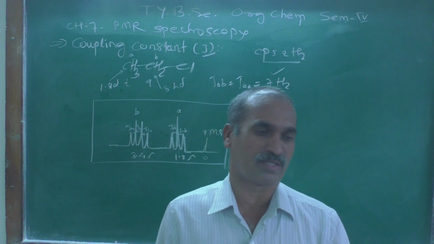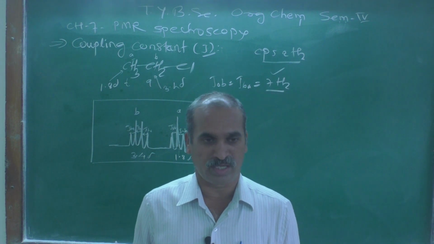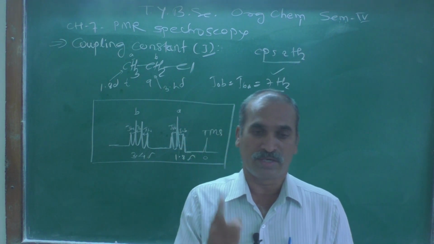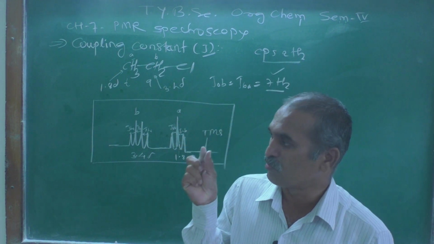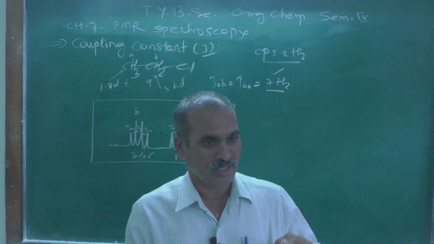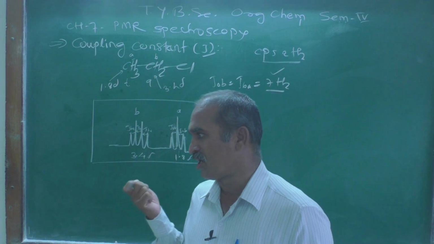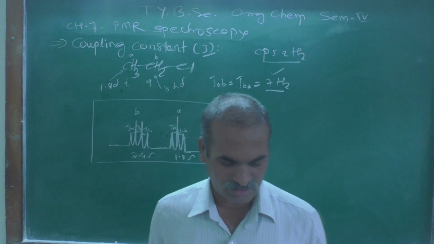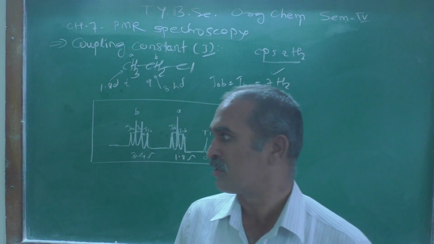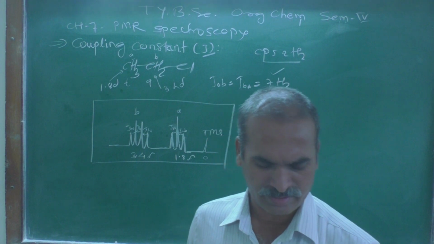So let's see once again, the separation between the peaks within the multiplet is known as the coupling constant, and it is represented by the symbol J, and it is measured in cycles per second or Hertz. These are the units. Now let us see some points regarding that.